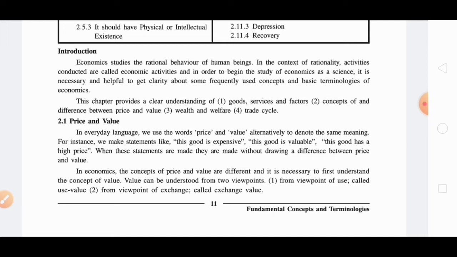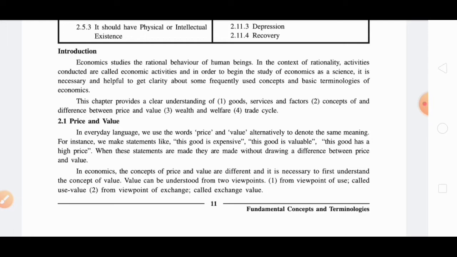Likewise, the activity of doctors, advocates, and teachers, if it is done for getting something in return, is called economic activity. So, to understand all the topics of economic activity, we should have clarity regarding some of the frequently used concepts and basic terminologies of economics.